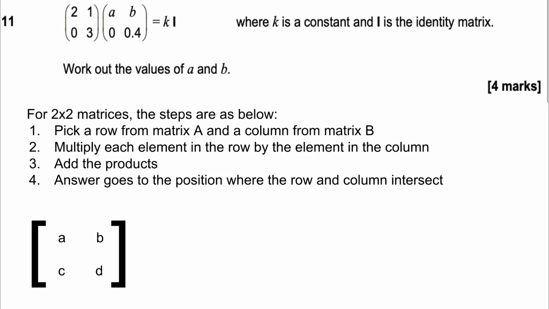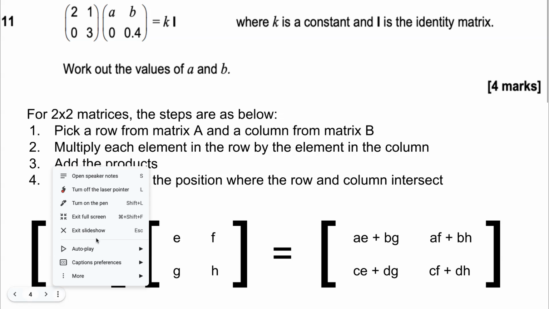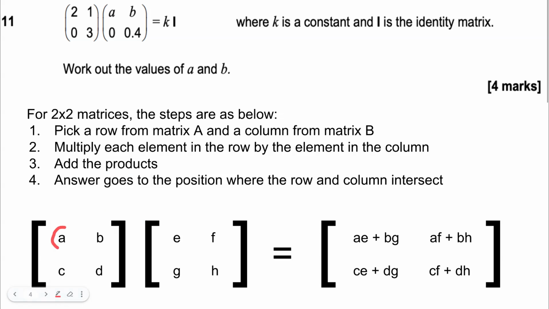So if we have a matrix that's A, B, C, D, and another one that's E, F, G, H, you will get AE plus BG, AF plus BH, CE plus DG, CF plus DH. You can see that for the first one, the row AB is multiplied by the column EG.